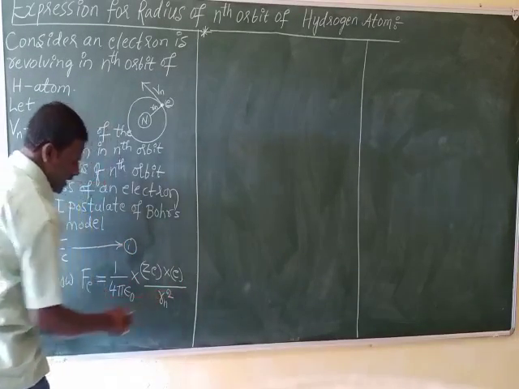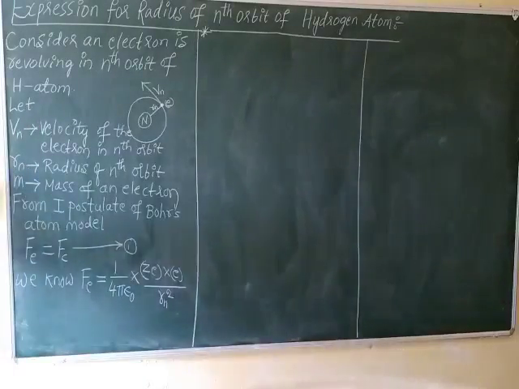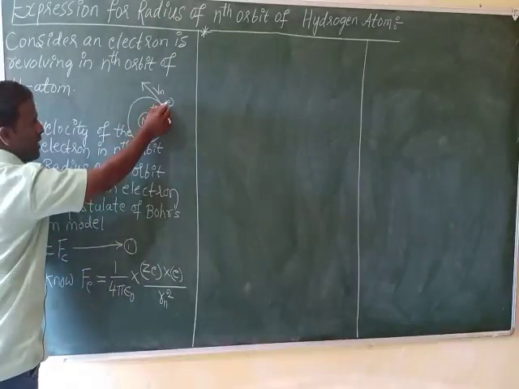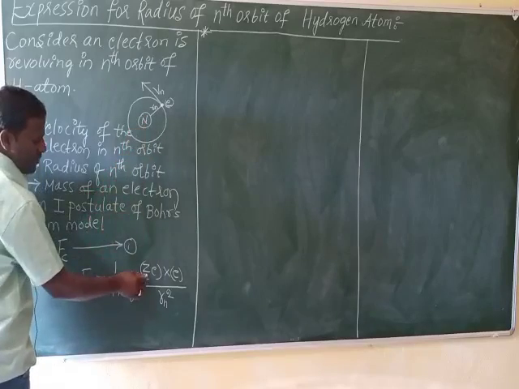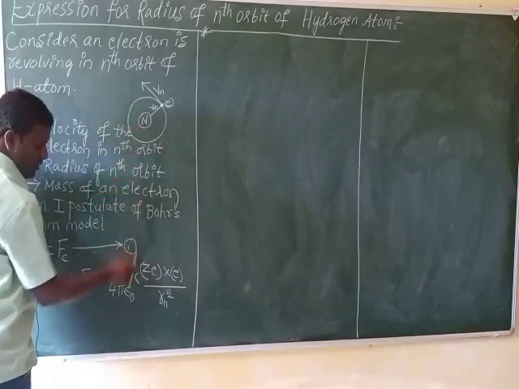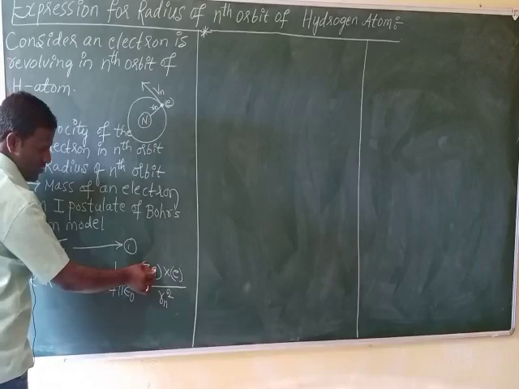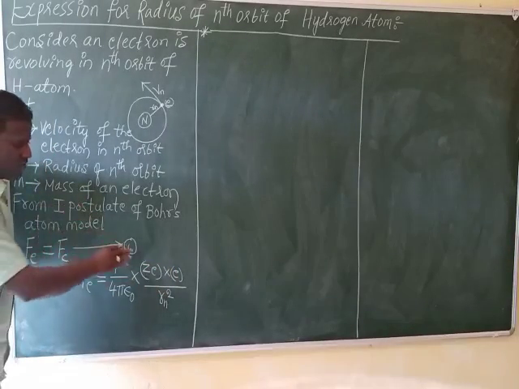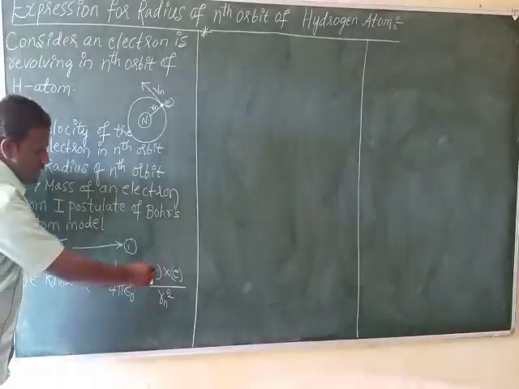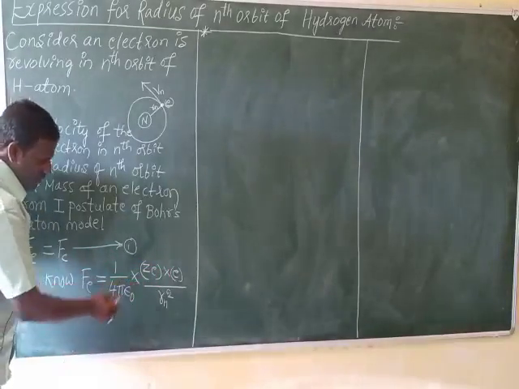So the force is Ze into e divided by Rn square. Here the distance is the radius. This is one charge and this is another charge. Its charge is Ze, the charge of all the protons. The electron has negative charge, but here we take the charge simply.